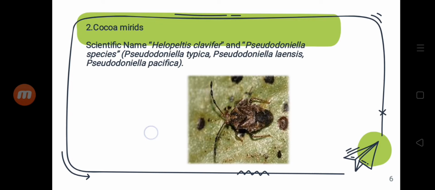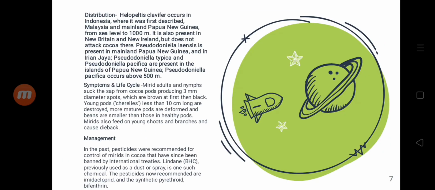Cocoa mirid. So this is the cocoa mirid insect of cacao that we have seen in the picture. Scientific name, Helopeltis clavifer and Sahlbergella species. Next, distribution. Helopeltis clavifer occurs in Indonesia, where it was first described, Malaysia and mainland Papua New Guinea from sea level to 1,000 meters.